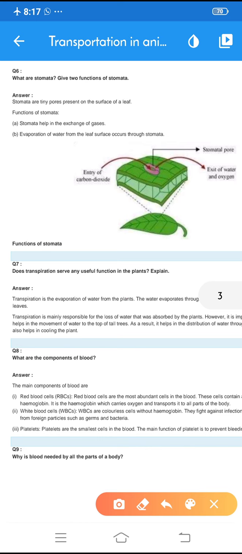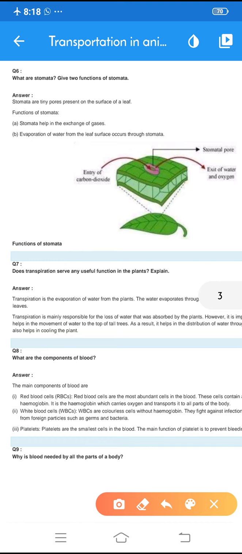Now look at the diagram here. You can see this is the leaf surface, and here you can see the stomata. This is called the stomatal pore. Through this stomatal pore, the exit of water and oxygen takes place, and from the outside, the entry of carbon dioxide takes place.